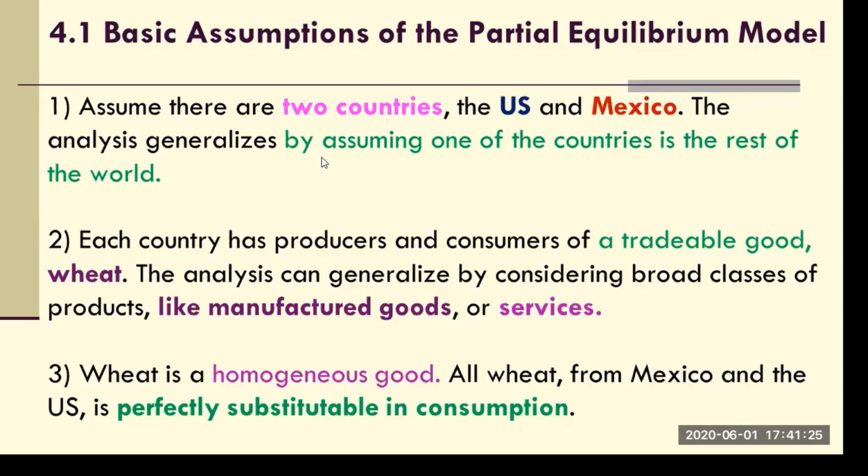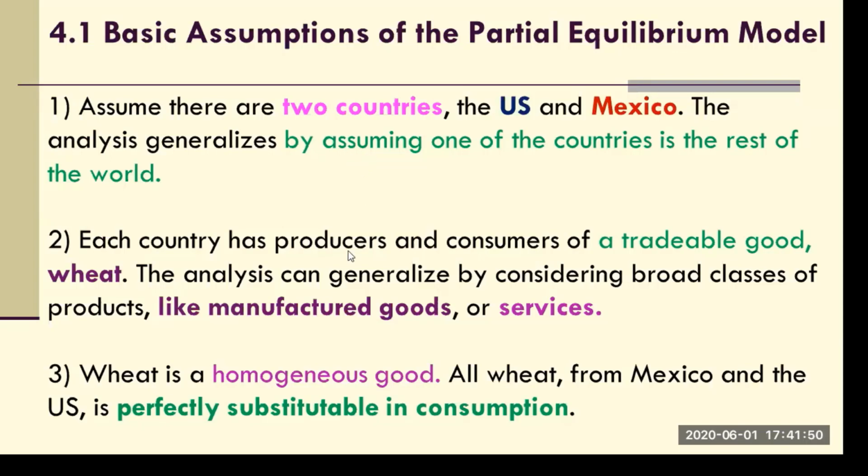To simplify our example, we prefer wheat. The analysis can be generalized by considering broad classes of products like manufactured goods or services. For the time being, we are going to use wheat.